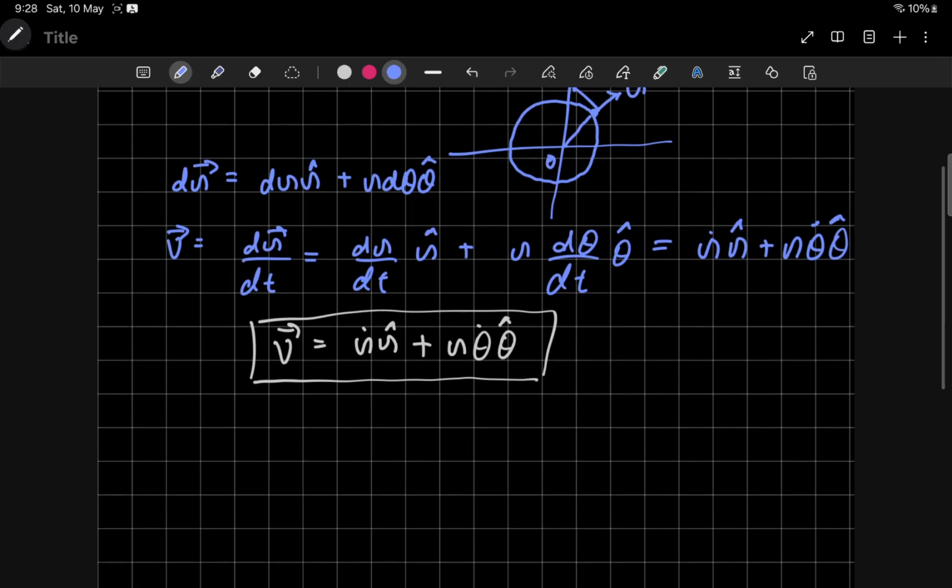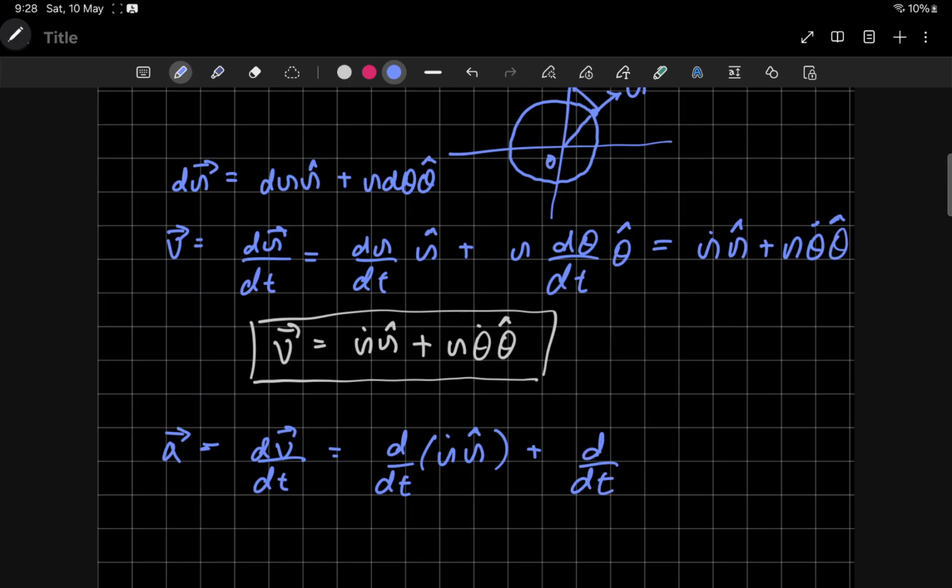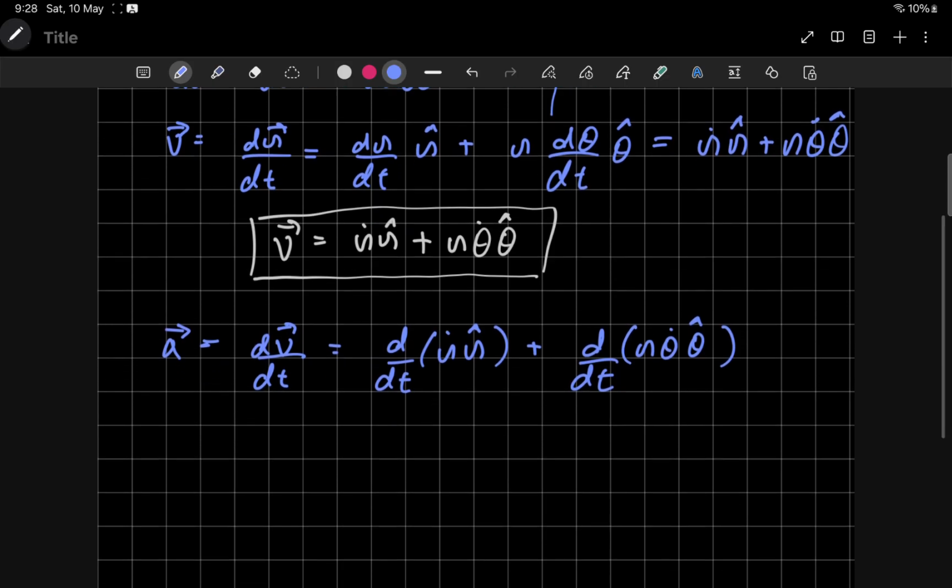Further, we can define our acceleration. Again, I will be doing a derivation. You can skip to the later parts of the video if you don't want to see it, but I think it is good to do this derivation because even I have made this mistake.